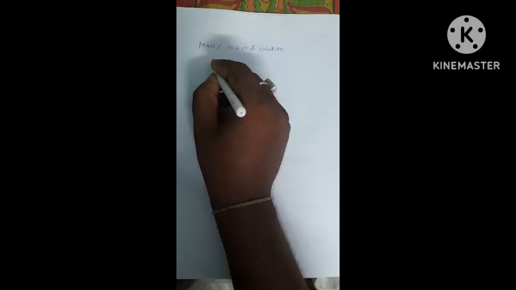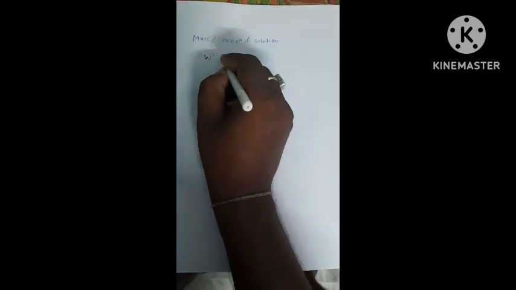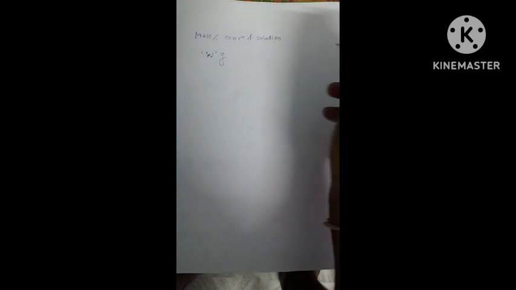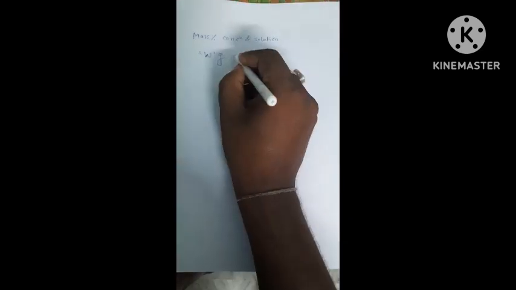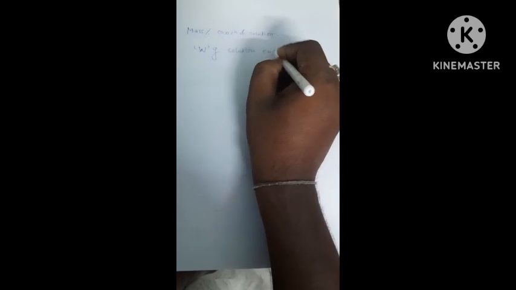Okay, so let me take, mathematically we can say that suppose there is a solution whose mass is W gram, and let us take that this W gram solution contains m gram solute.